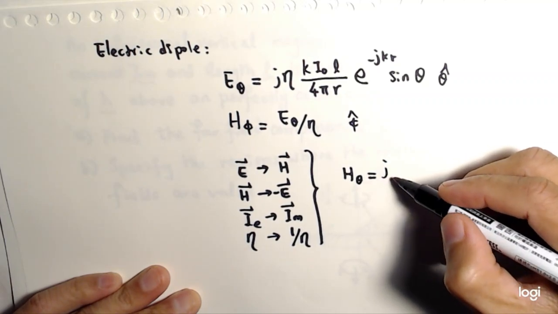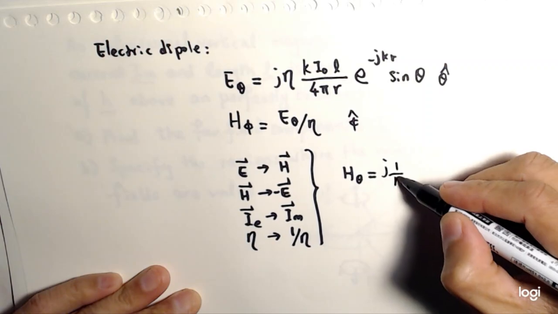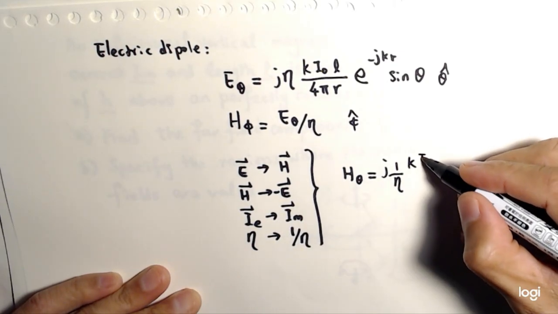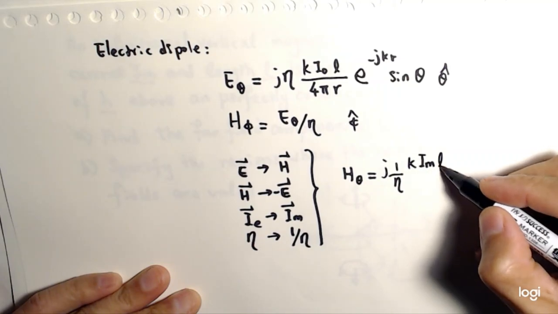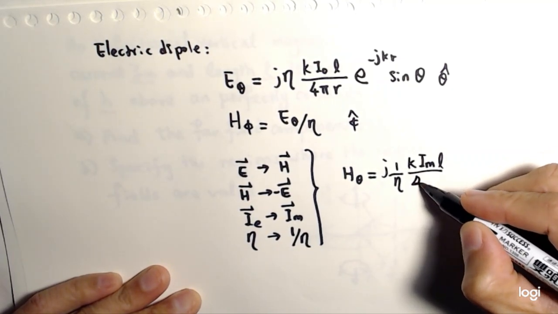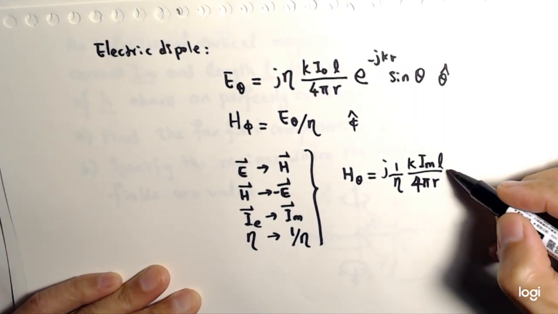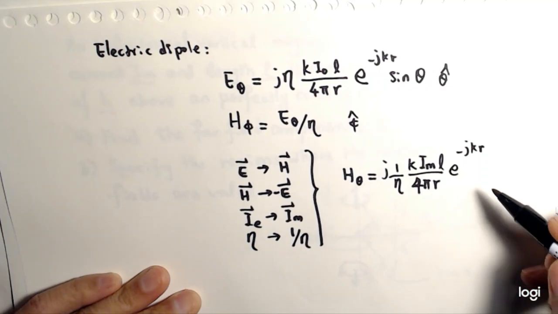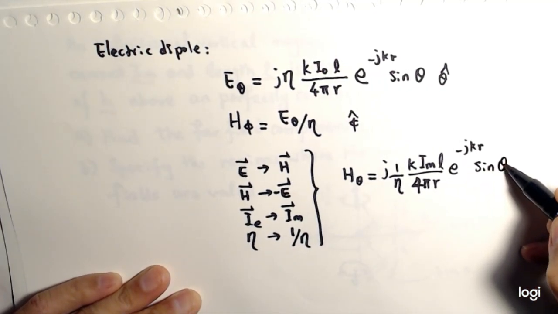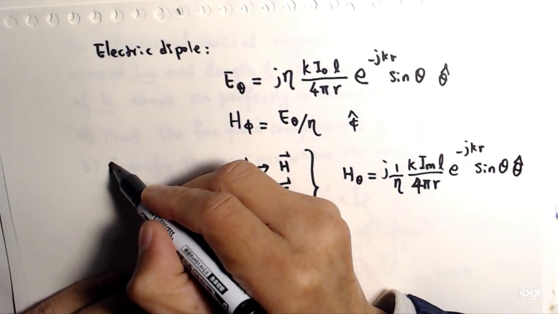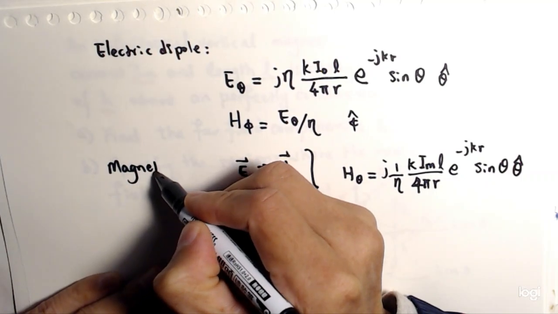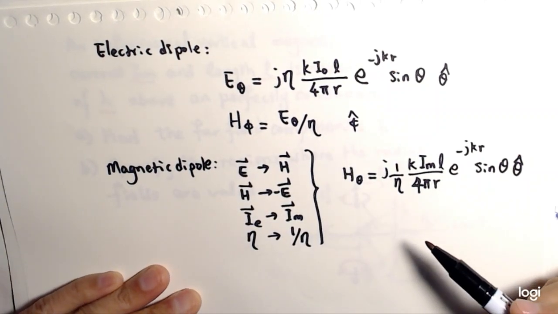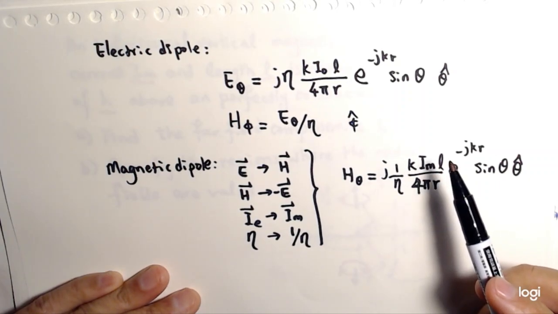So k and I naught will become IM, the magnetic current. Length will be unchanged, and 4 pi r, and then e to the minus jkr. So this is the magnetic dipole. This is the quickest way to find out the electromagnetic field.